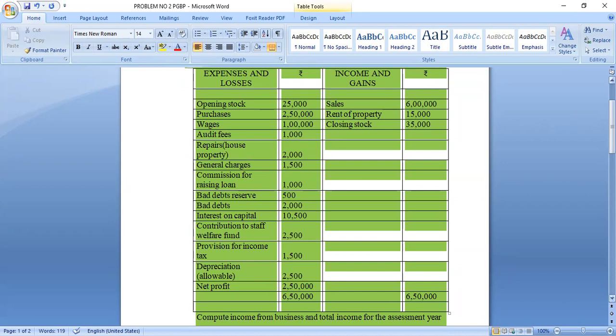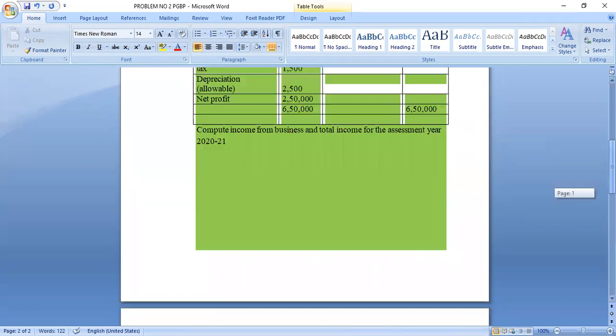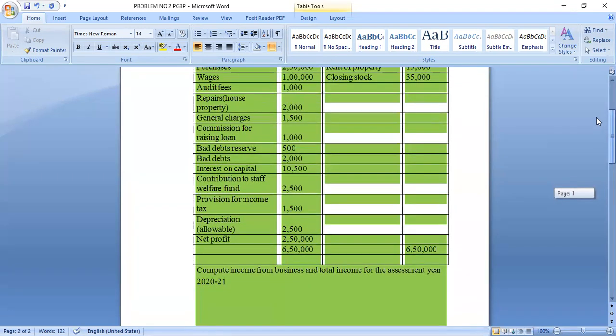So you have to write bad debt reserve 500. Bad debts reserve or provision, these are called anticipated. All the anticipated losses you will disallow here. What is the amount here? 500.